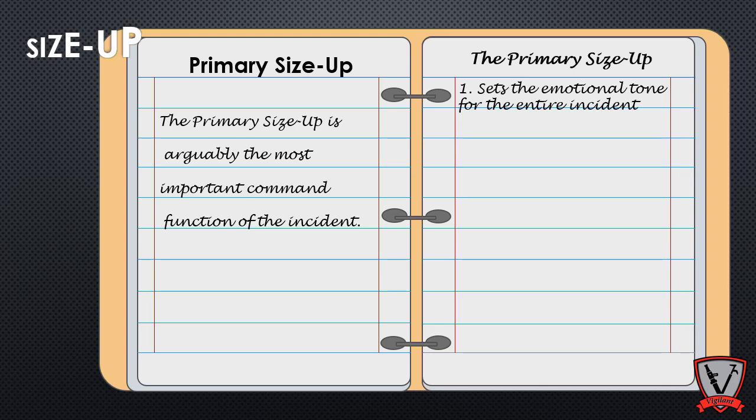How we set that tone with our first initial arriving unit is going to spread throughout the other units. We may pull up on an extremely bad fire with 3 or 4 buildings involved, with maybe 4 or 5 cars and several victims. How we set that tone during that primary SizeUp is going to make or break the rest of the incident as far as units coming in.